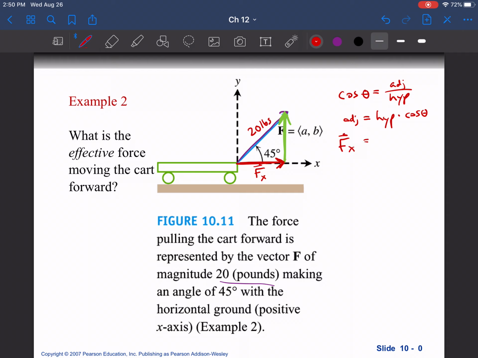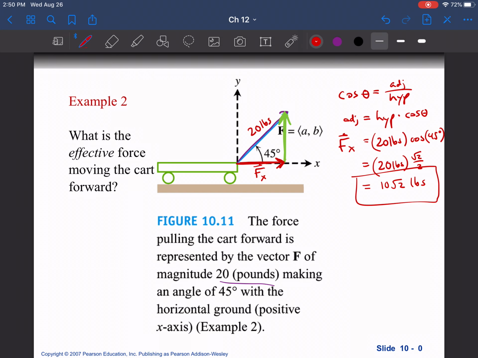The hypotenuse is 20 pounds, times cosine of 45 degrees, and the cosine of 45 degrees is square root of 2 over 2. So this is 20 pounds times square root of 2 over 2, which is just 10 root 2 pounds. And that would be your answer, in the x direction.